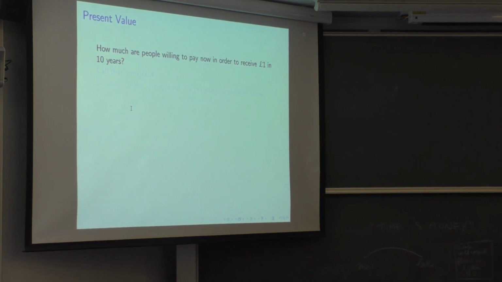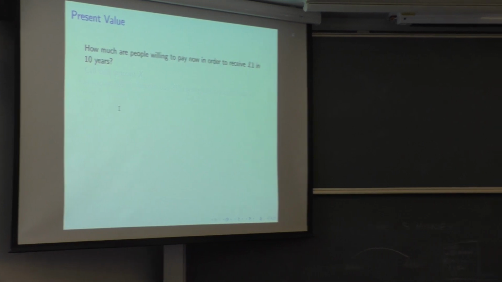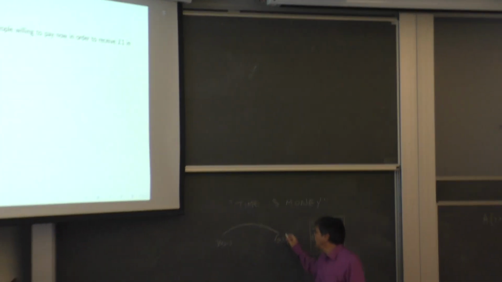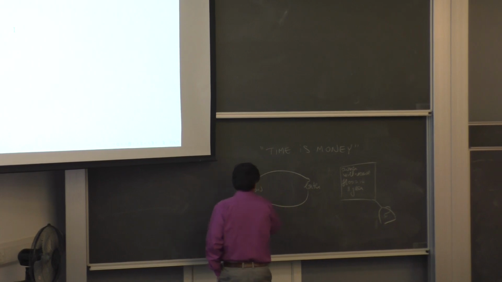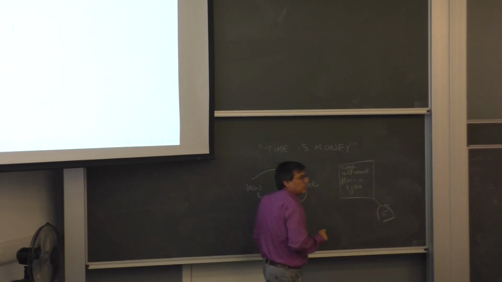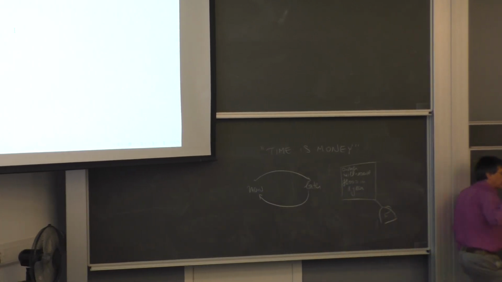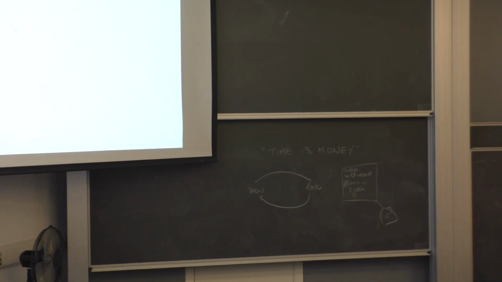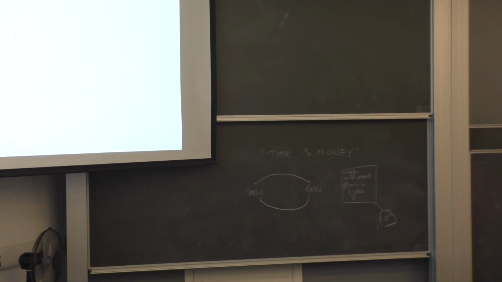But now I want to go the other way around, in a way that enables me to answer this question, enables me to put a price on this price tag. I want to take money later, and I want to convert this to money now. So you tell me you will receive this amount of money in the future. I want to know how much is that future payment worth now.